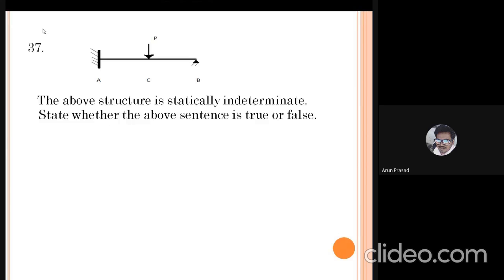Use the indeterminate formulas, and we can check whether it is statically indeterminate. Yes, it is a statically indeterminate structure. So the fixed support has 3 reactions and the hinge has 2 reactions. And if we use the formula for indeterminacy, we will get a statically indeterminate structure.